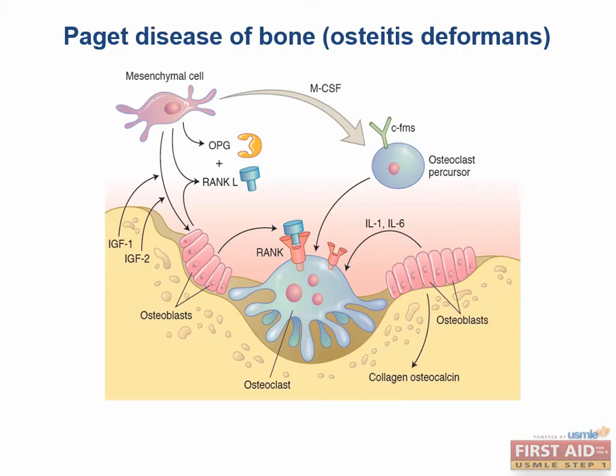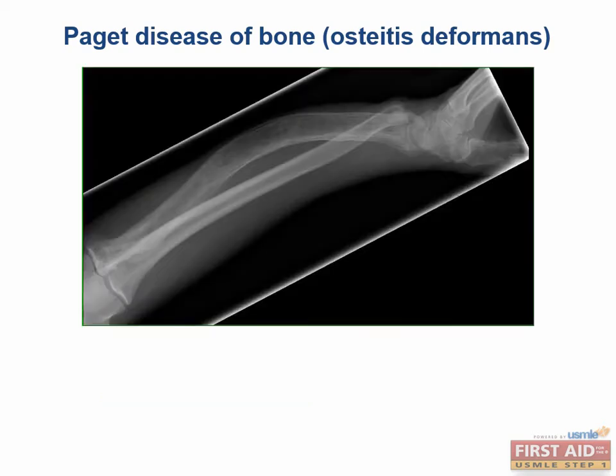Paget disease is quite interesting, particularly because the cause remains unknown. Osteoblasts and osteoclasts in the body both function, but both work abnormally here. This causes the bone to appear much different than it otherwise would in a healthy individual. For example, here we see abnormal architecture, widened bone, disordered trabecula, and a gross deformity.